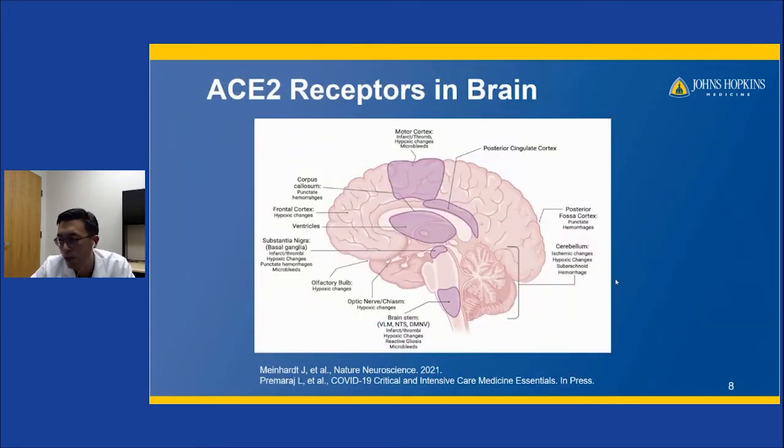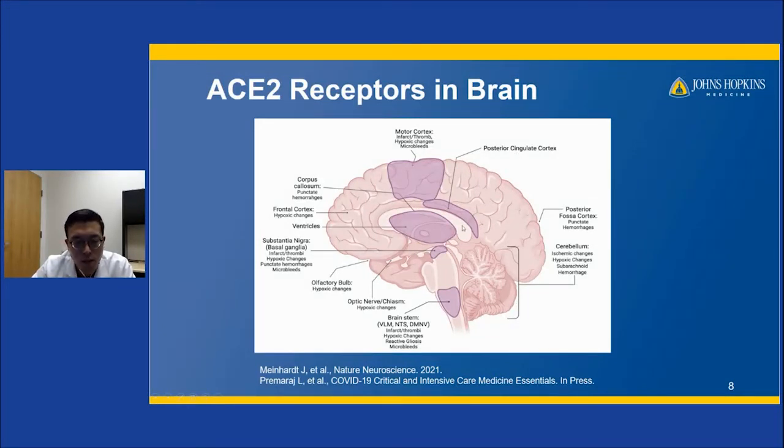I just wanted to show you the location of ACE2 receptors in the brain, usually the medial system, and you can see them in the frontal lobes, motor cortex, and some cingulate cortex, and ventricles.